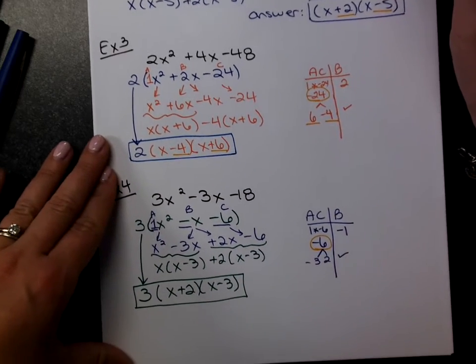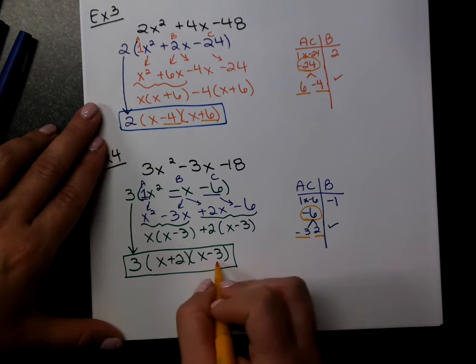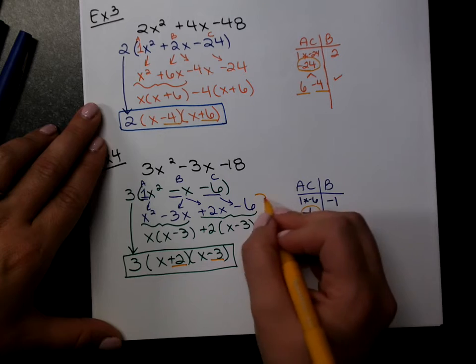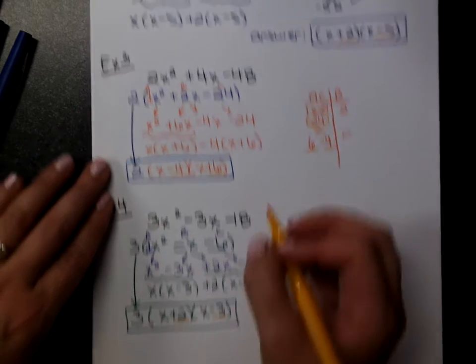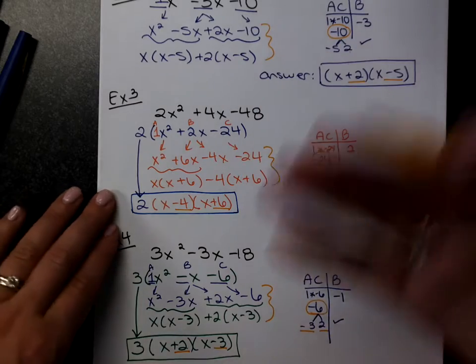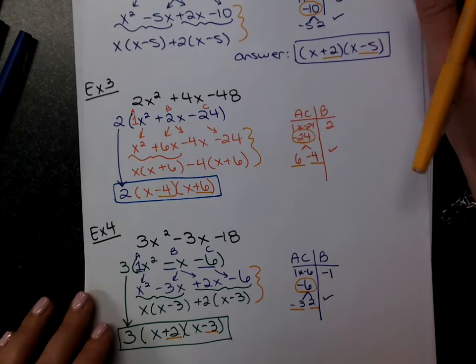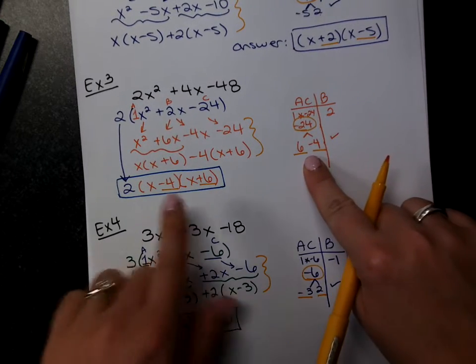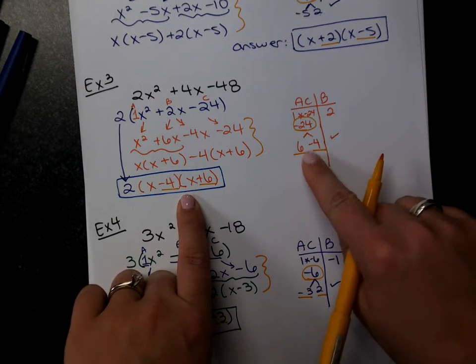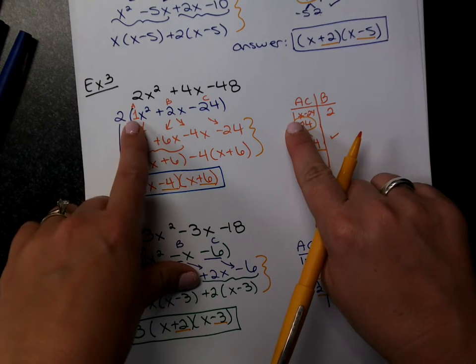So some teachers teach a shortcut to go straight from the two numbers you've thought of to the binomials and skip these two steps. There's nothing wrong with that. However, if you get a little overzealous with that, you'll start skipping steps all the time. And this only works, going straight from here to here, only when A is 1, when that leading coefficient after you've taken out GCF is 1.